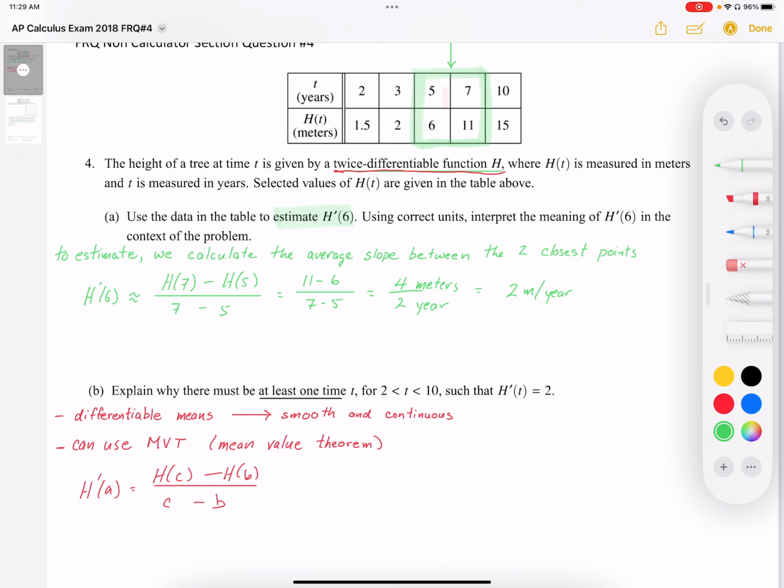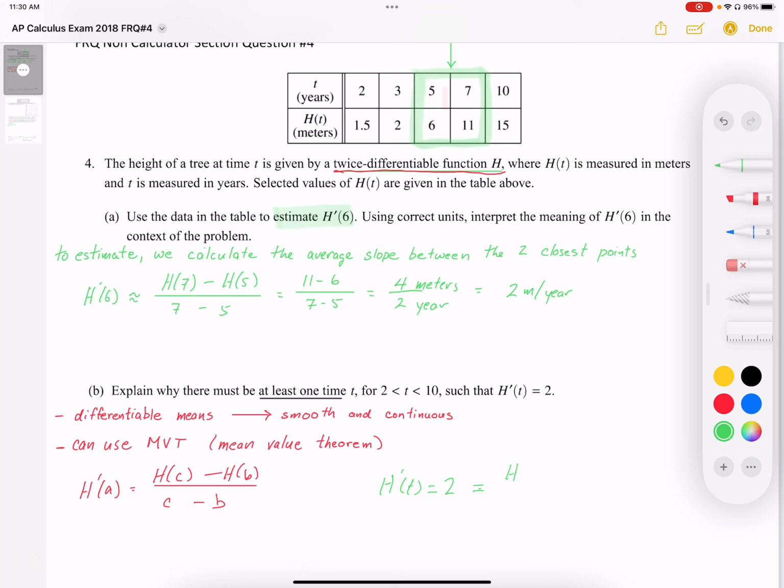So we know that h prime at some point, or we'll just keep that as t, h prime of t equals 2. And that interval is going to be between 5 and 7.